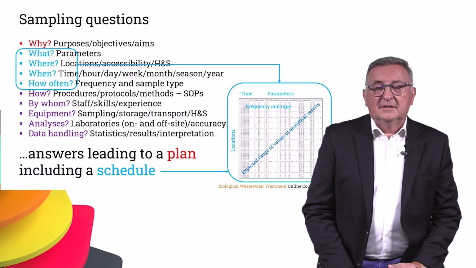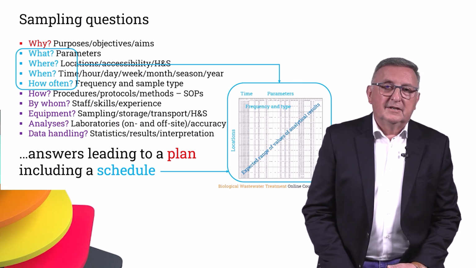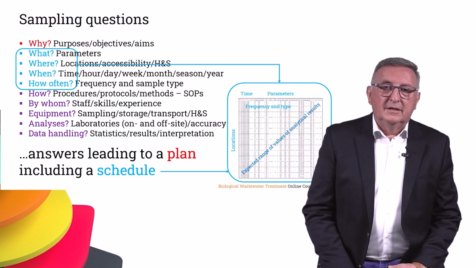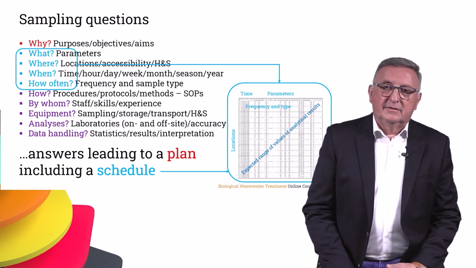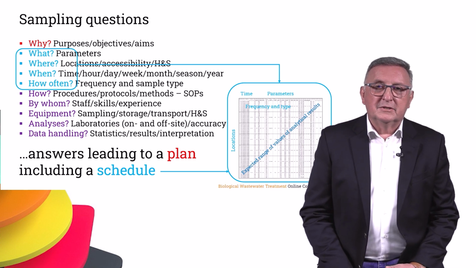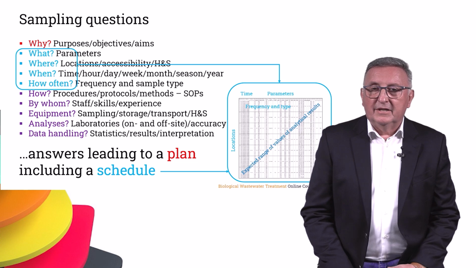Once you have gone through at least one iteration through these questions, you will come up with something called a sampling schedule. And the example of that is shown on this slide, where we have taken into account the four of these dimensions that we used here: time, parameters, locations, frequency, and the sampling type.